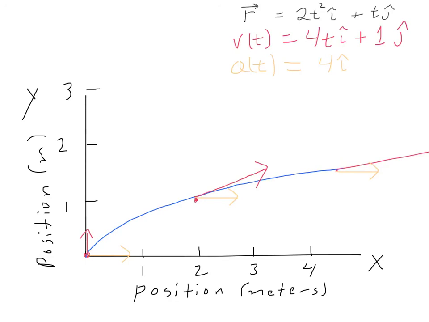Notice that a curious thing is that the acceleration vector in 2-dimensional motion always points toward the convex side of the curve. That's just how it is.